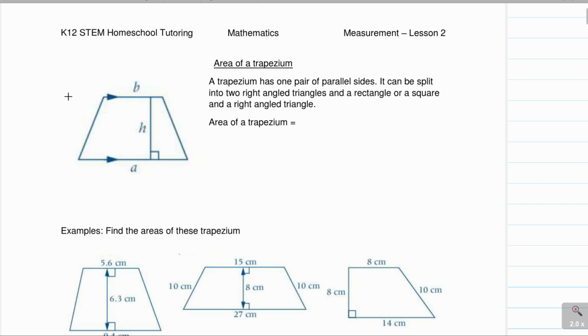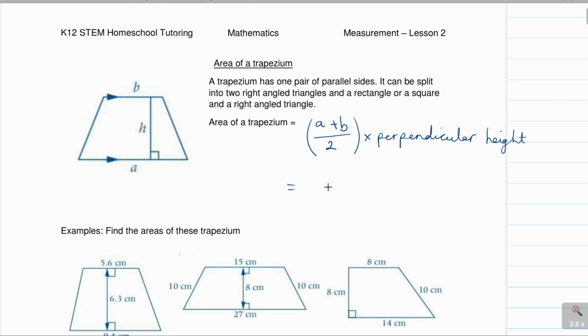It's important to know which two sides are the parallel sides, because your formula is A plus B divided by 2, and that is then multiplied by the perpendicular height. Okay, so I'm going to put the multiplication sign by the perpendicular height.